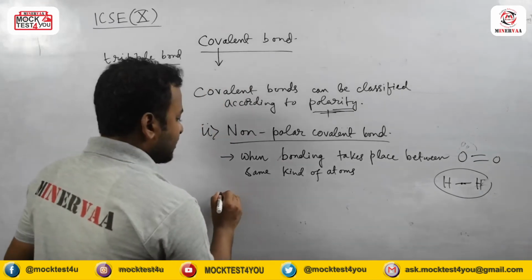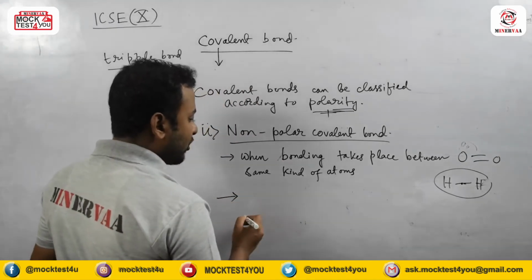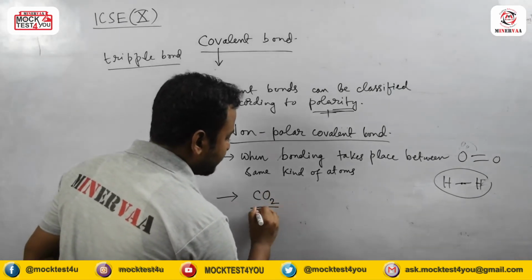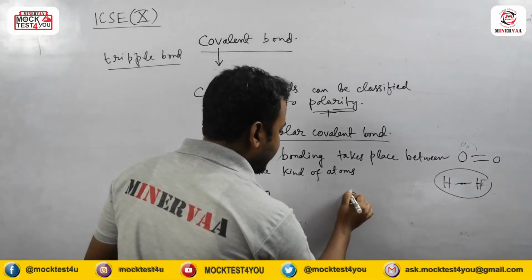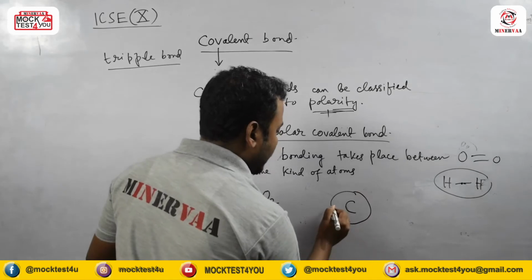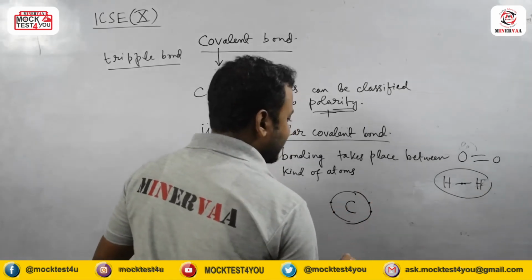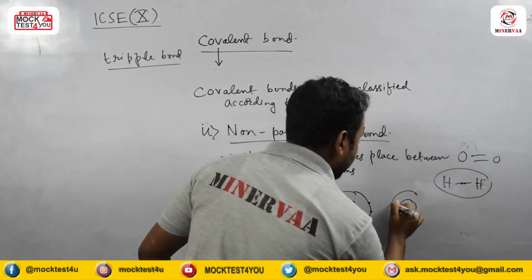And the second one is the formation of carbon dioxide. Just write carbon here. Carbon has got 4 electrons in its outermost shell and oxygen has got 6 electrons in its outermost shell.